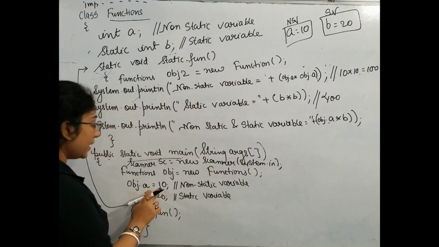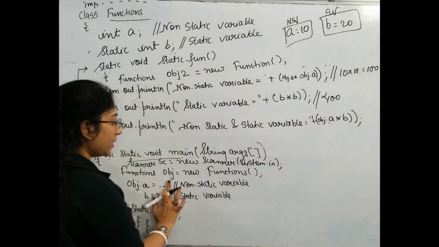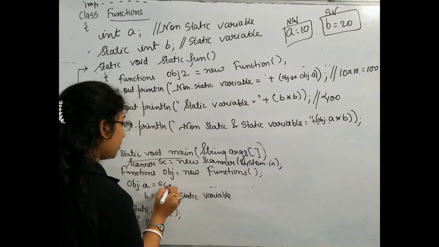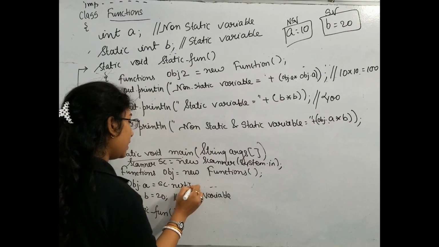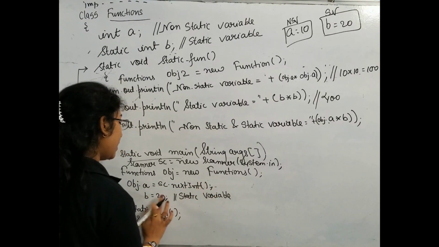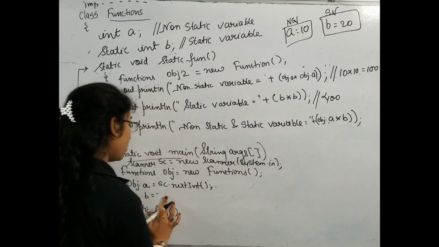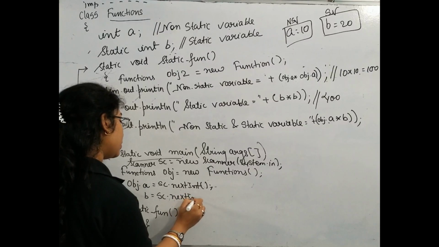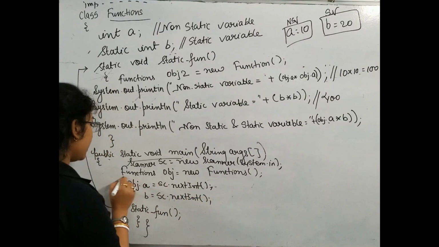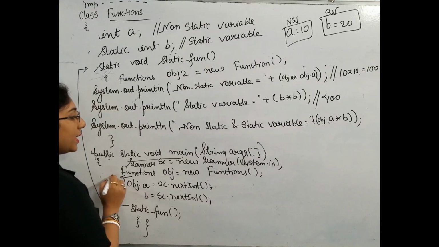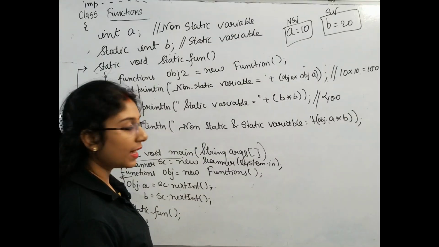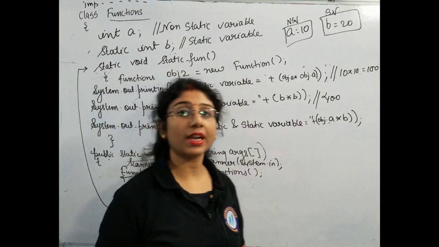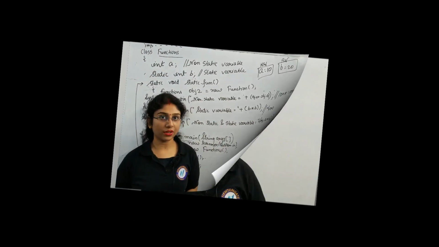Then instead of writing obj a equals 10, you can directly write obj a equals sc.nextInt(). In the same way here also you can do sc.nextInt(). Just give one statement here like System.out.println enter any two values. So with static functions or static variables also we can use this concept of the Scanner class.